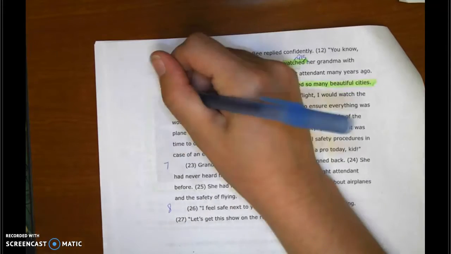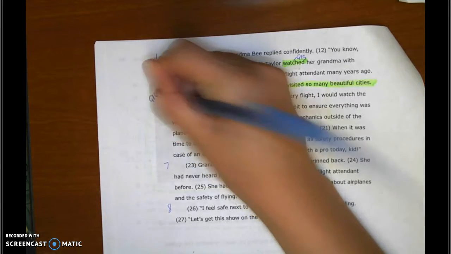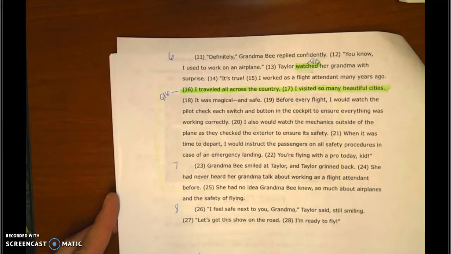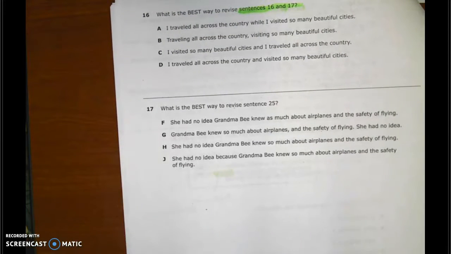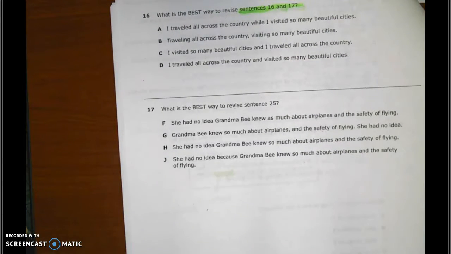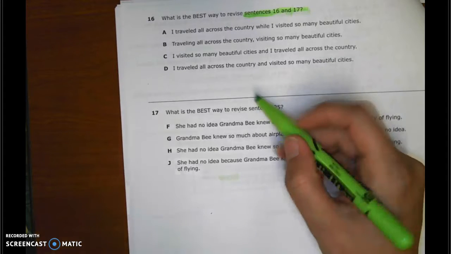And then I'm going to put question 16 by that. Is it question 16? Let me double check. Yep, make sure. Question 16. Okay. And finally, question 17. What is the best way to revise sentence 25? Okay, same thing. We're changing the sentence.